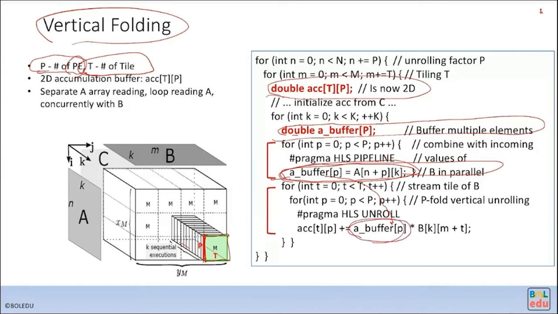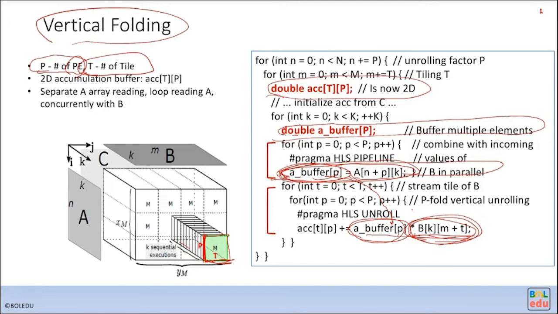This is an A buffer with P elements; P means the PEs. You multiply the A and B matrices. So the A buffer is only read once, and then you read the B matrix in T tiles.